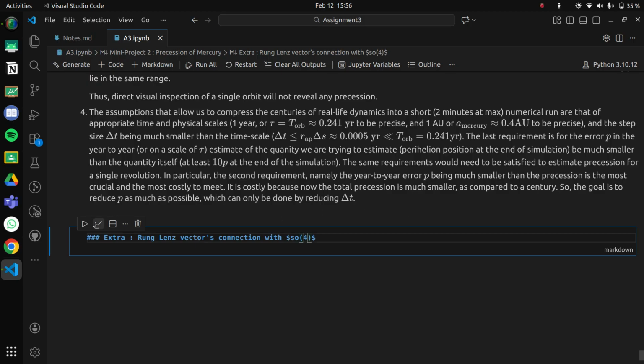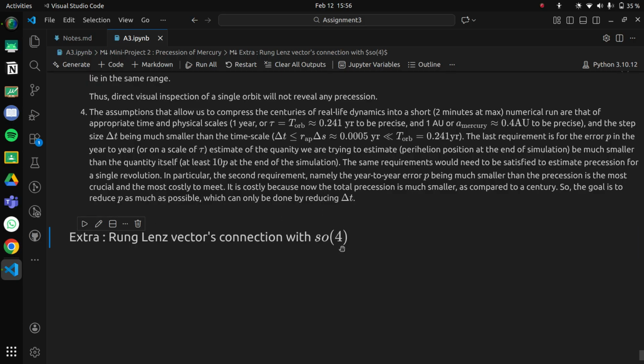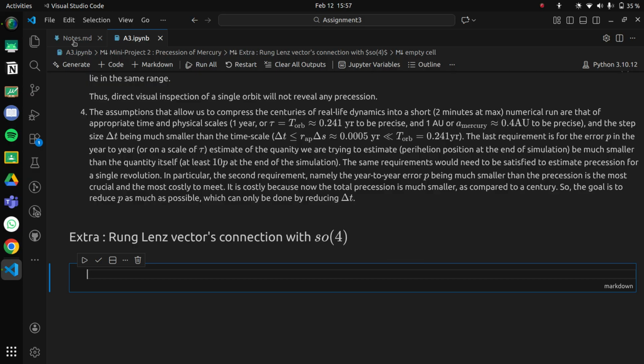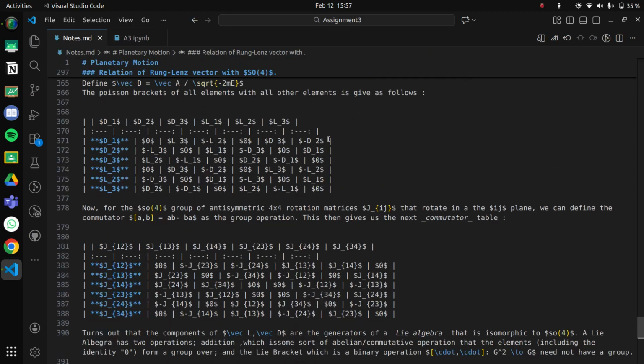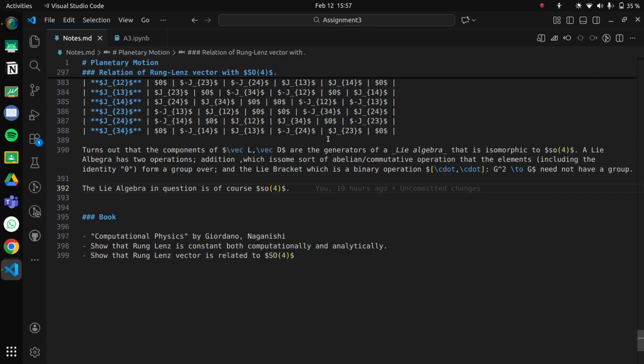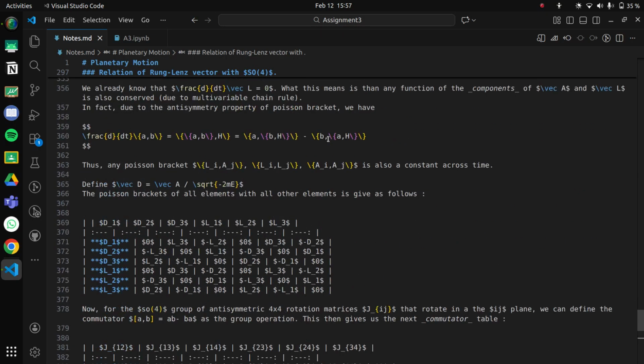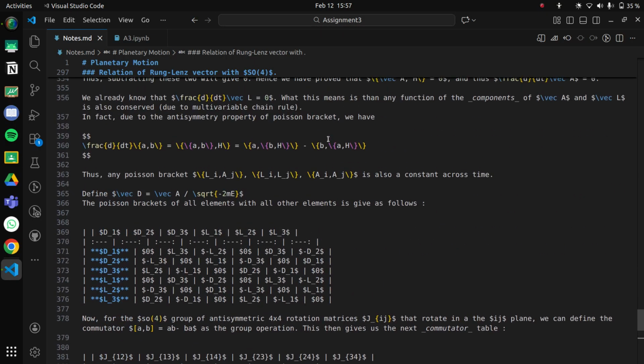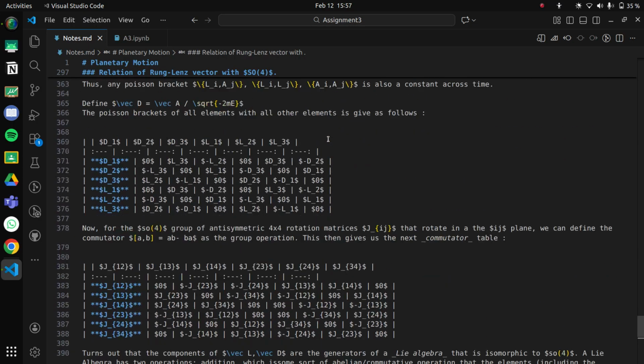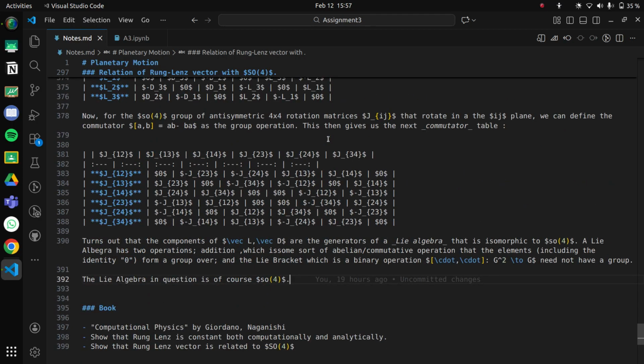So SO4 is a Lie algebra. I don't think anyone would understand what I'm talking about. So you guys know I kind of dabbled in group theory a bit, and one of the points where I really struggled was this matrix algebra stuff. So I mostly didn't understand what higher algebras are compared to just groups. I still don't understand what they are, but as it turns out, this rung length vector thing is somehow related to the Lie algebra. But anyway, the idea is, I just want to show.